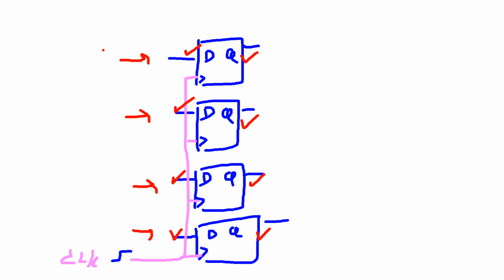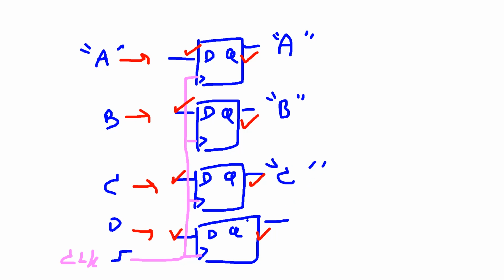For example, if the initial value of these is A, B, C, and D, when the clock ticks, this flip-flop will read data from D, and the data is A. So when the clock ticks, Q will update to A, and this one updates to B. This flip-flop becomes C at the output, and this one is D. This kind of behavior is called load.